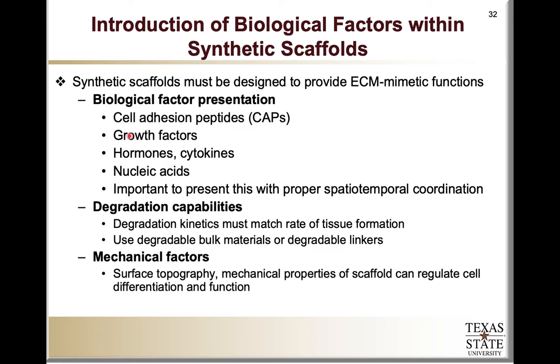We're mainly going to be showing right now a couple of slides on how to incorporate cell adhesion peptides, how to incorporate growth factors, how to incorporate degradable linkers within hydrogels, and then at the end give some examples of some research where they're utilizing either some of the mechanical factors or some of the growth factors to induce specific functions in the tissue engineering scaffolds.